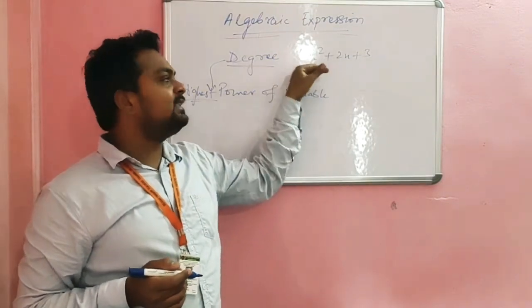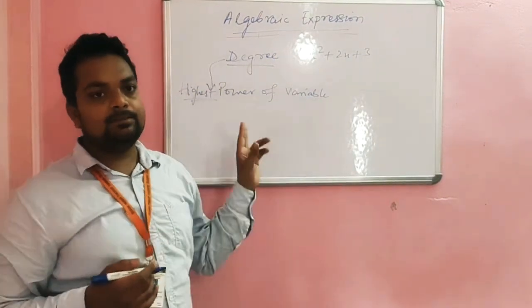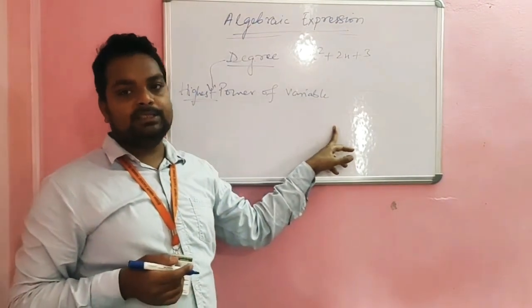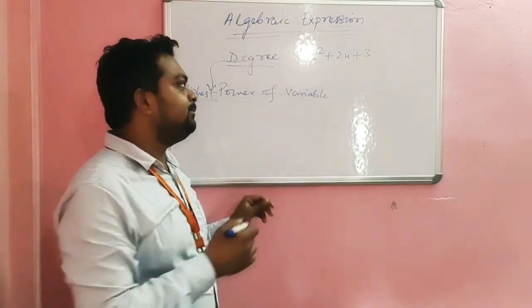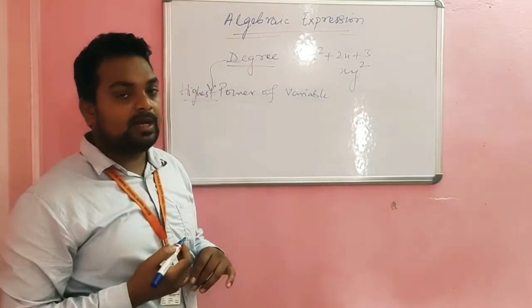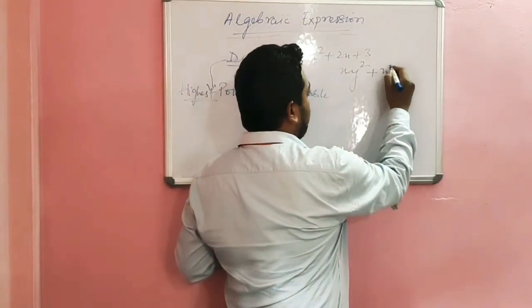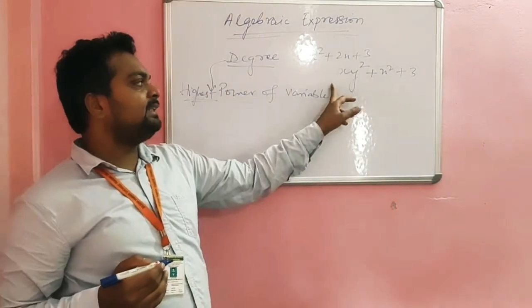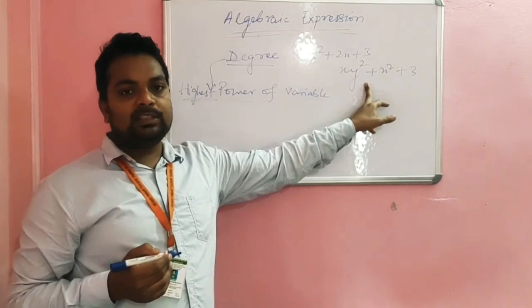So if we ask for the degree of the algebraic expression, it is the highest power of the variable present there. Sometimes you have two variables together, like xy square plus x square plus 3. Here x and y both are present.